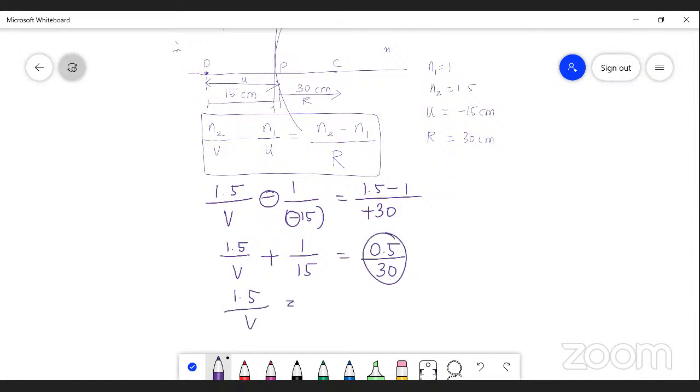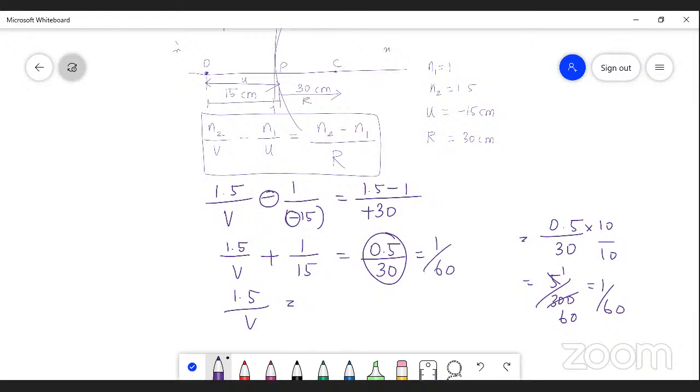Simplify this: 5 divided by 300. Cancel this. 0.5 divided by 30, multiply 10 divided by 10. So 5 divided by 300, which is equal to 1 divided by 60.